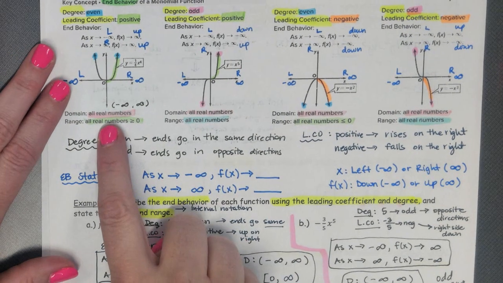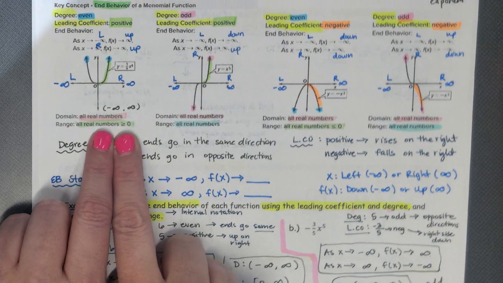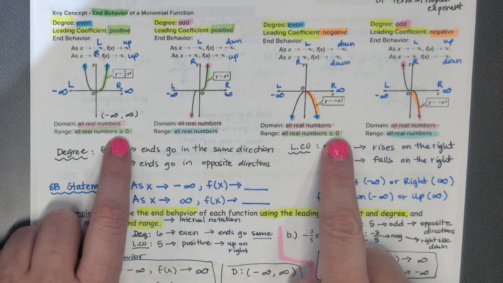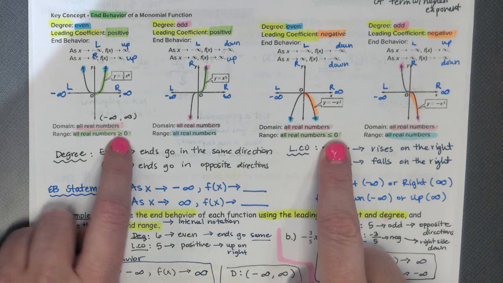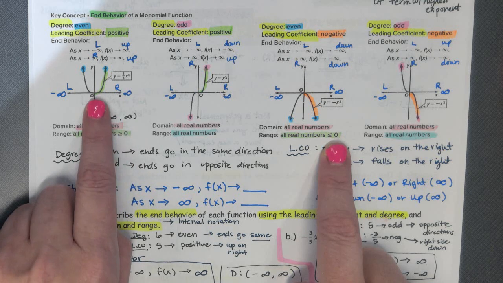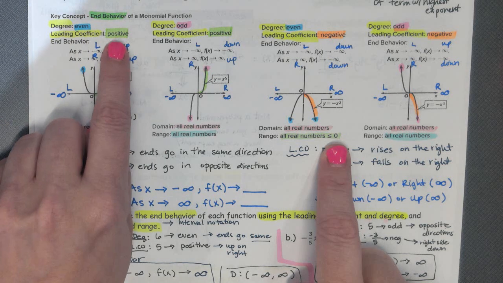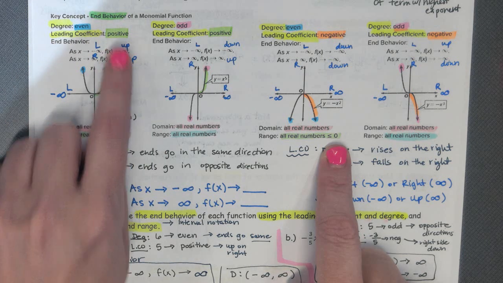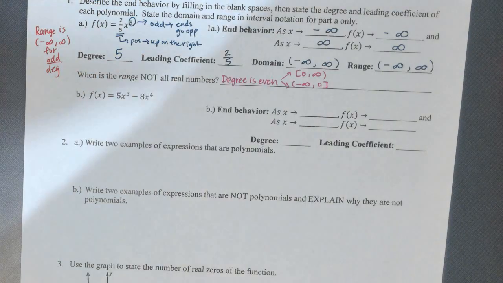So what we have is this chart. Okay, on the chart it says for evens, they're either greater than or equal to 0 or less than or equal to 0. Okay? If they're greater than or equal to 0, what ends are the directions going in? If they're greater than 0, where are the ends going? Up. So if they're going up, the leading coefficient has to be positive. Okay? If it's below 0, then it's going to be negative.